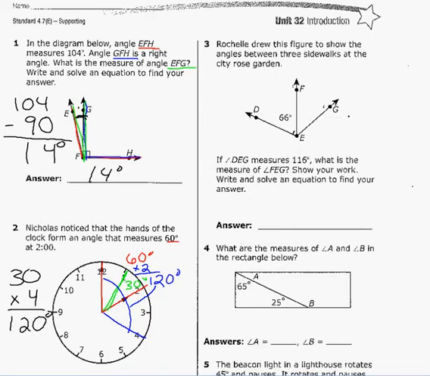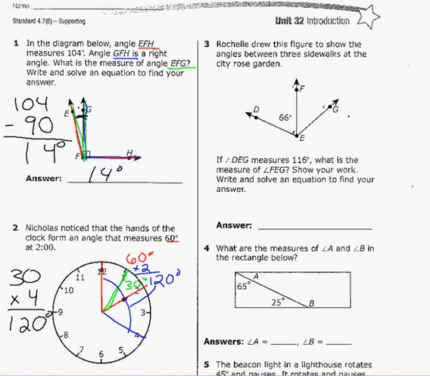Question number 3. Rochelle drew this figure to show the angles between 3 sidewalks at the City Rose Garden. If angle DEG measures 116 degrees, what is the measure of angle FEG? Show your work, write the solution, write and solve an equation to find your answer.